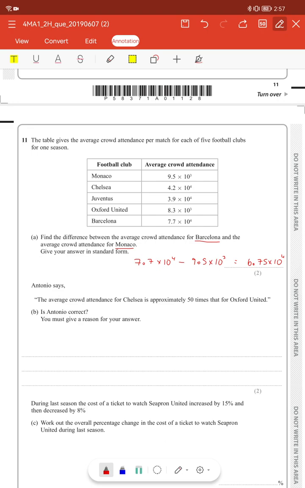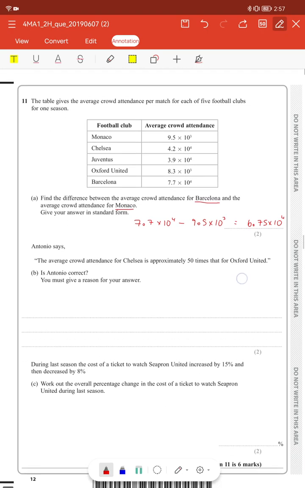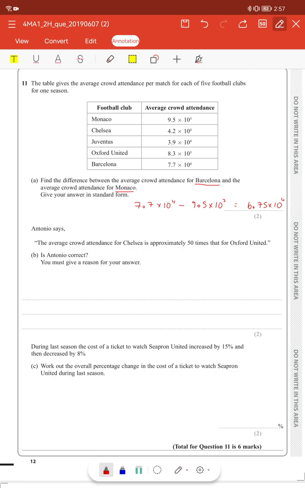The average crowd attendance for Chelsea is approximately 50 times that for Oxford. Is he correct? Well, if we do 8.3 times 10 to the power of 3 times 50, we would get 415,000, which would give us 4.15 times 10 to the power of 5.